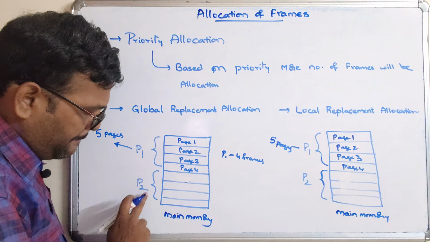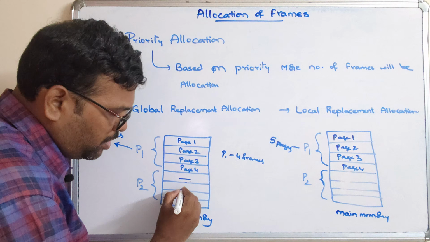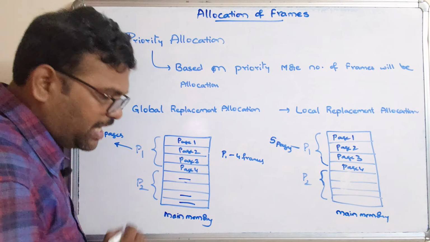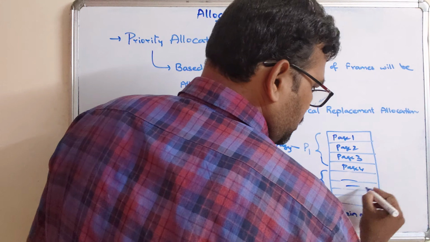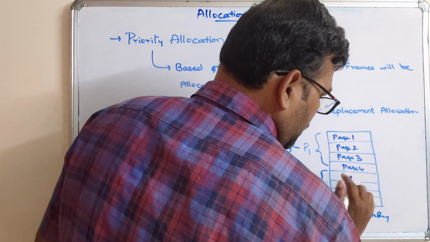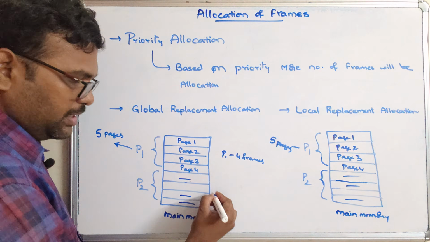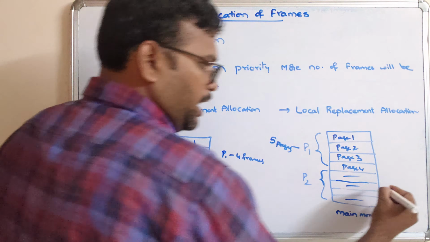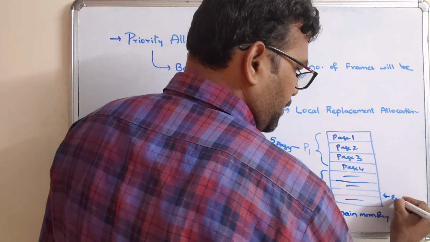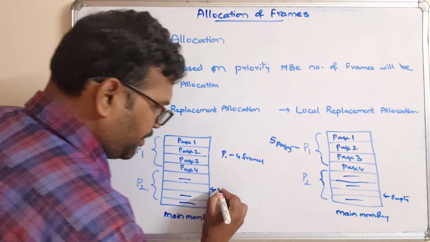So here you can see P2, for example, already has 3 pages fixed, okay. So these 3 pages have been fixed. So this is empty and here also this is empty and this is empty.